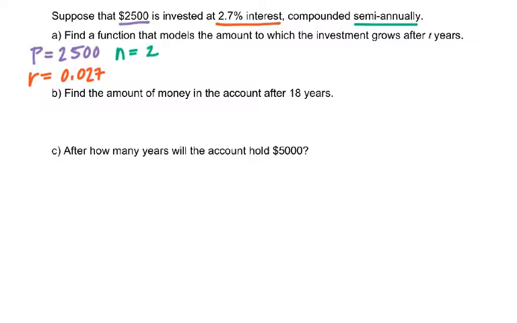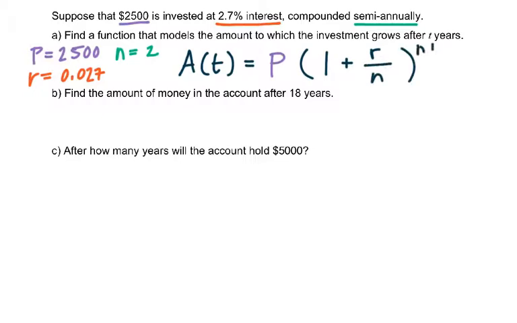So let's determine, for part A, a function that models the amount to which the investment grows after t years. So we need to set this up as a function. So we have A of t equals P times 1 plus R over N to the nt.